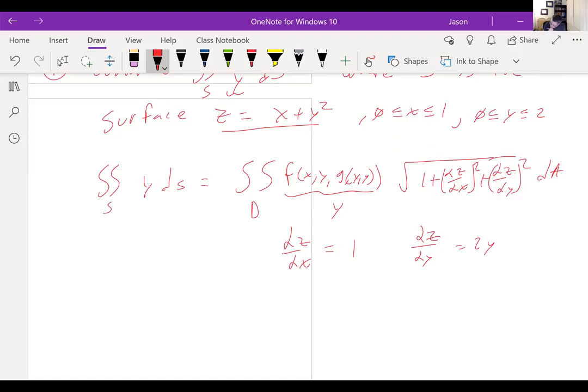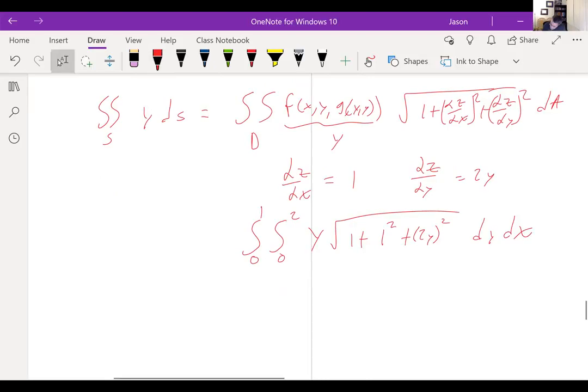My domain is x going from 0 to 1, and y going from 0 to 2. So this is y times the square root of 1 plus 1 squared plus 2y squared, dy dx.